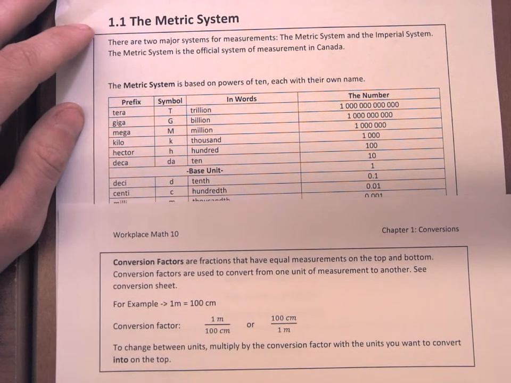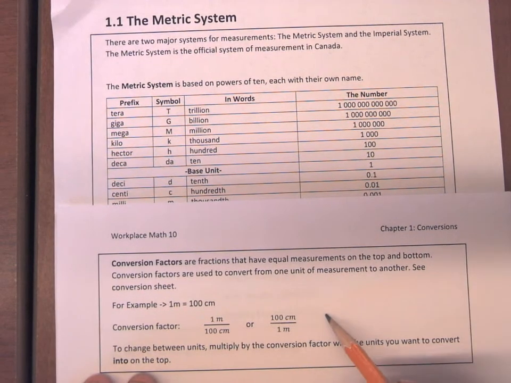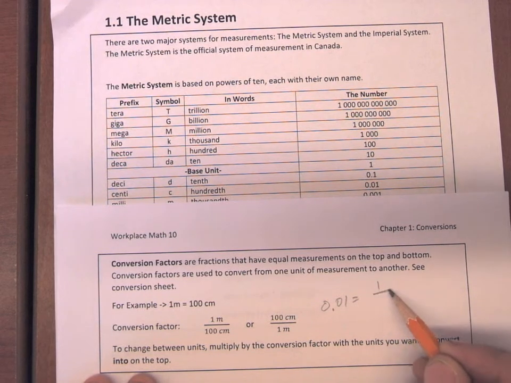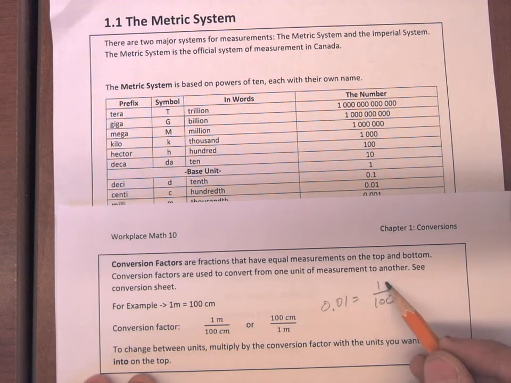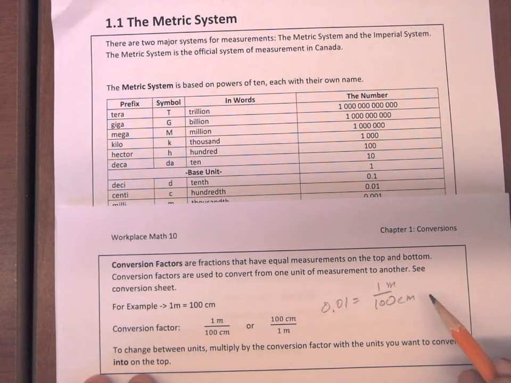And so what we get here essentially is 0.01, which can be written as a fraction as 1 over 100. And so that's how we get the 1 meter, and we get 100 centimeters.